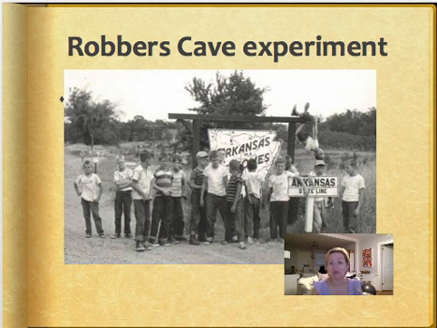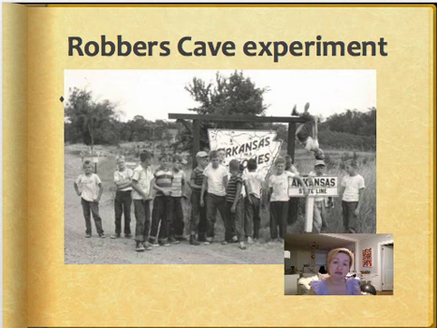They established their own cultures and group norms, and they did various activities together, like hiking, swimming, other sports activities. And the boys chose the names for their groups. So there were the Eagles and the Rattlers. Okay, and they put those names on their shirts and flags.